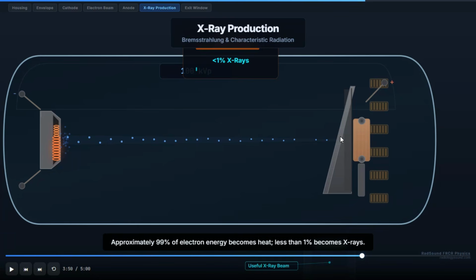It is very important to have ways to remove heat from the tube, which are three processes we will explain later. The remaining 1% is converted to X-ray. Out of that 1%, 20% is through characteristic radiation, whereas 80% is Bremsstrahlung. Bremsstrahlung means braking radiation. So what are the basics of these two mechanisms?